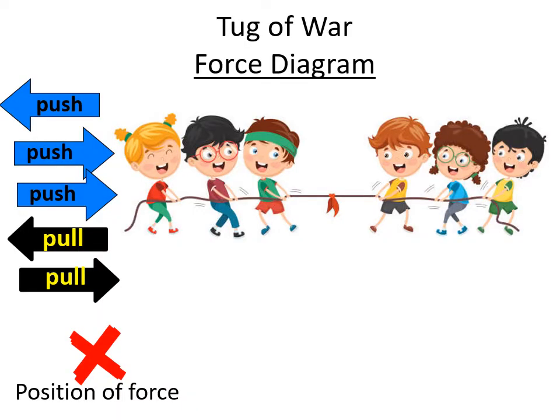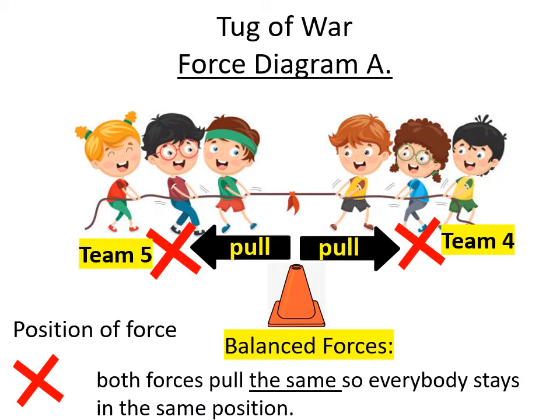So remember our tug-of-war force diagram? This force diagram shows balanced forces. So when the teams stay in their original position, no one is pulling harder than the other team, the forces are balanced.